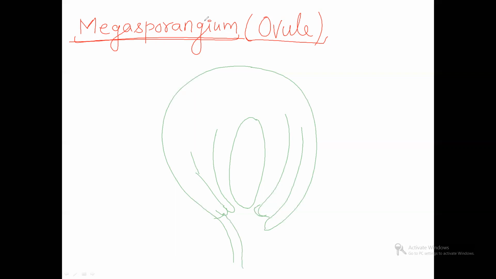So an ovule consists of outer layers called integuments. The outer wall is known as the outer integument, and the inner wall is known as the inner integument. So there are two outer walls, the outer and inner integuments.